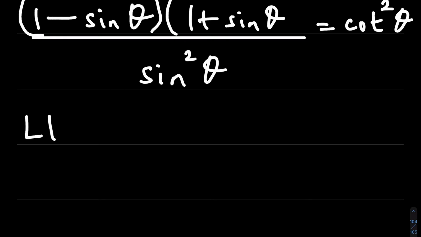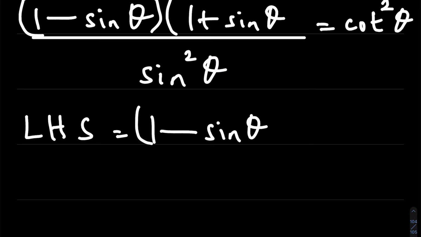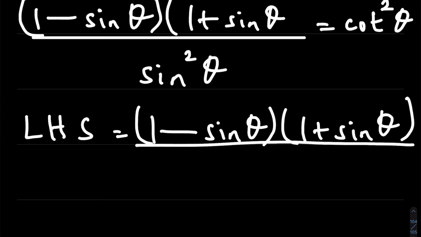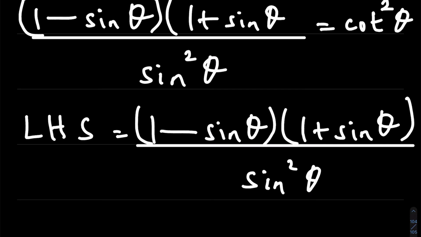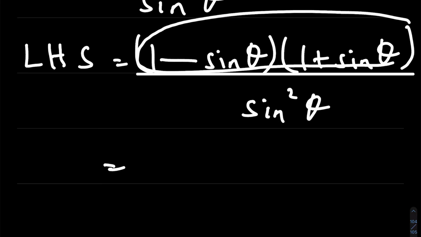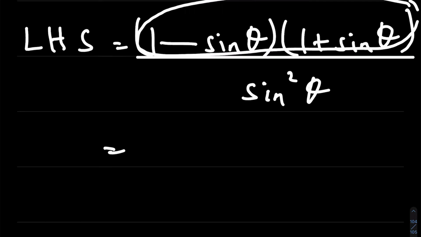The left hand side is 1 minus sine theta times 1 plus sine theta all over sine squared theta. We can see that the numerator of this fraction, 1 minus sine theta times 1 plus sine theta, is a difference of two squares.